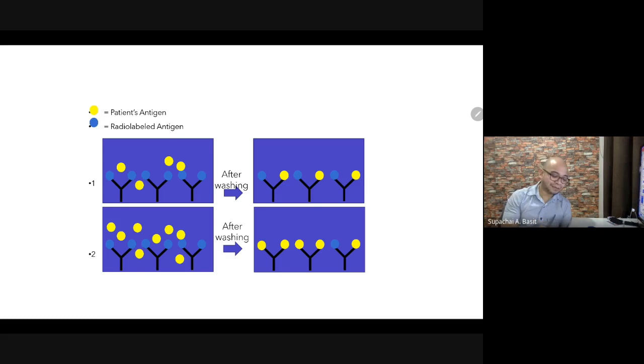More patient's antigen will bind here at the limited binding sites, because there are more patient's antigen for sample number 2. So this one would have low signal. This one will have high signal.